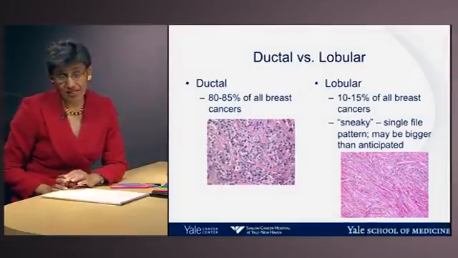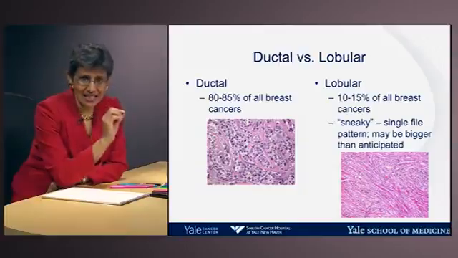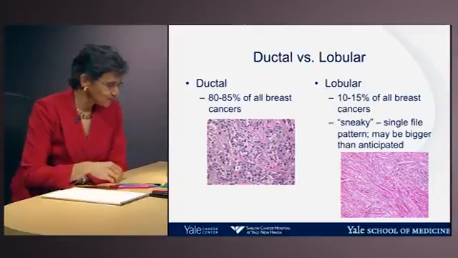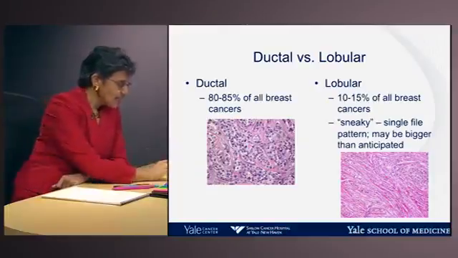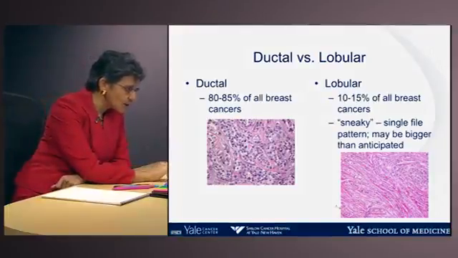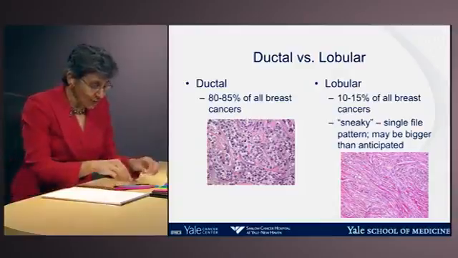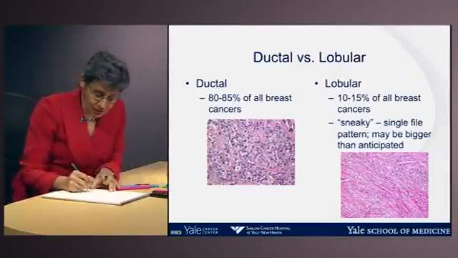So what's the difference? Lobular cancers are what I call the sneaky cancer. They're sneaky because they tend to follow a single file pattern. I'm not sure how well it projects here, but you can see that these cells in the lobular pattern follow this single file pattern, whereas the ductal cancers tend to clump. If we go back to the drawing board here, ductal cancers do this.